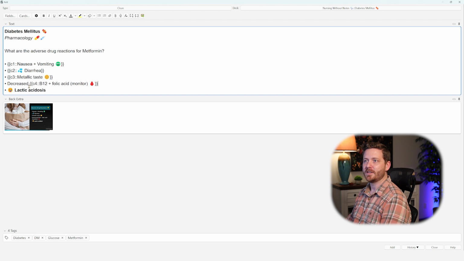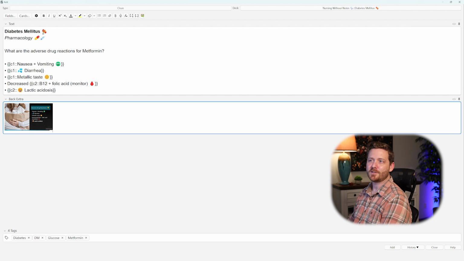And I'll just leave that decrease there, and then maybe lactic acidosis. Let's just make this 2 cards, do this C1, give ourselves a hint on this second card rather, and then we'll do C2.